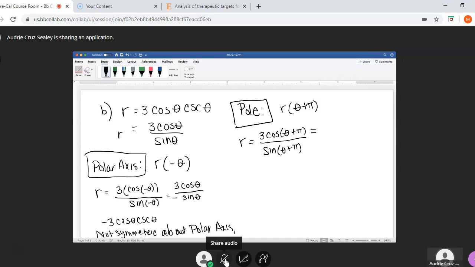So go expand the numerator, expand the denominator, and then we'll see what we can do as far as simplifying. Is everybody okay? Y'all are super quiet. Any questions?